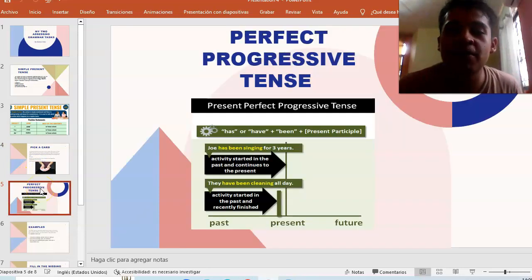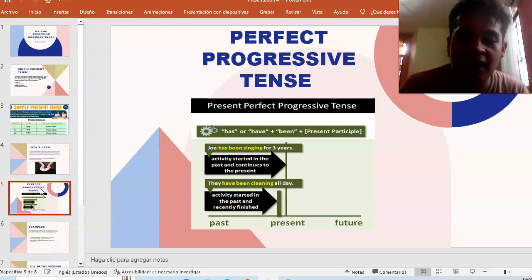Now here is perfect progressive tense. Perfect progressive tense usually uses has or have plus been and present participle. Now here are examples of present perfect progressive tense. Joe has been singing for 3 years. Activity started in the past and continues to the present.